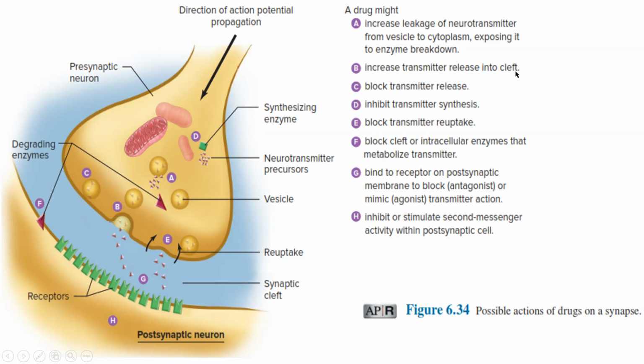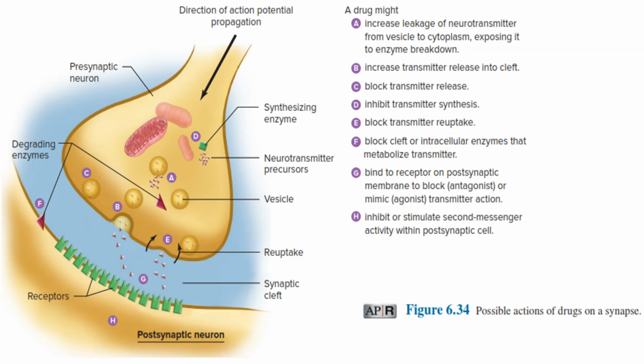If you increase the transmitter, that means more action. Block transmitter release like conotoxin. Inhibit transmitter synthesis. If the synthesis itself is blocked, then what will happen? Release is less. The voltage is coming but no chemical. Block transmitter reuptake. For resynthesis you need reuptake, so that may be possible.